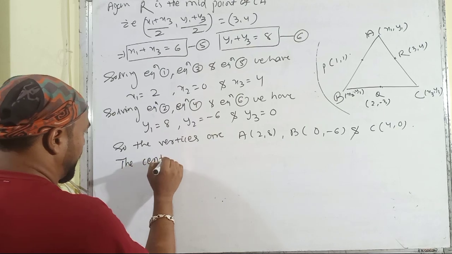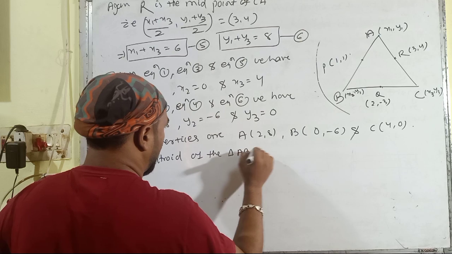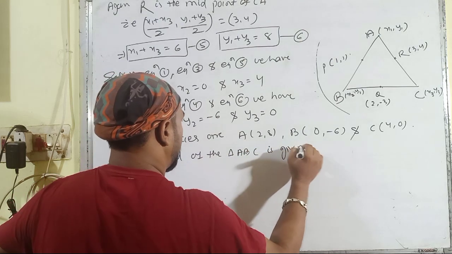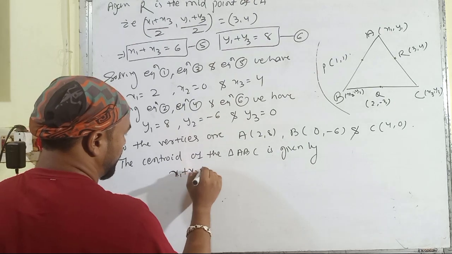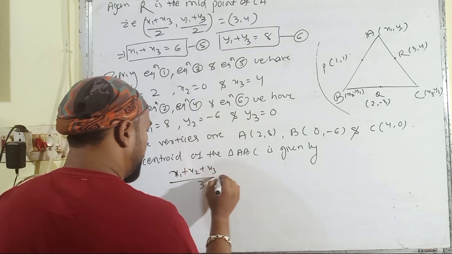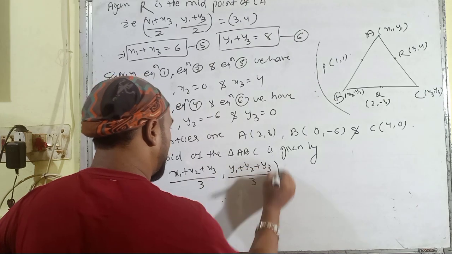The centroid of the triangle ABC is given by (x1 plus x2 plus x3 divided by 3, y1 plus y2 plus y3 divided by 3).